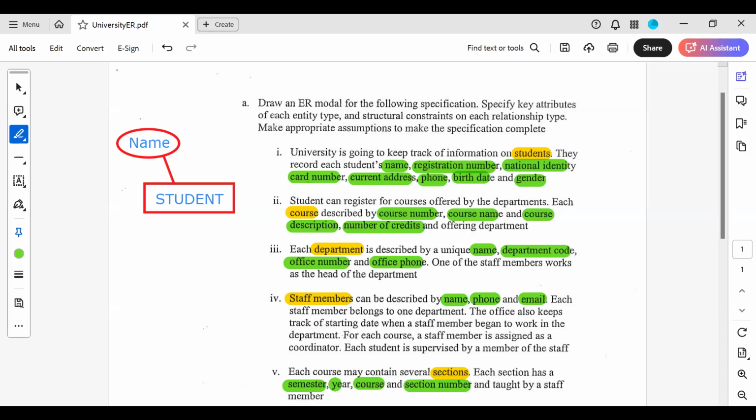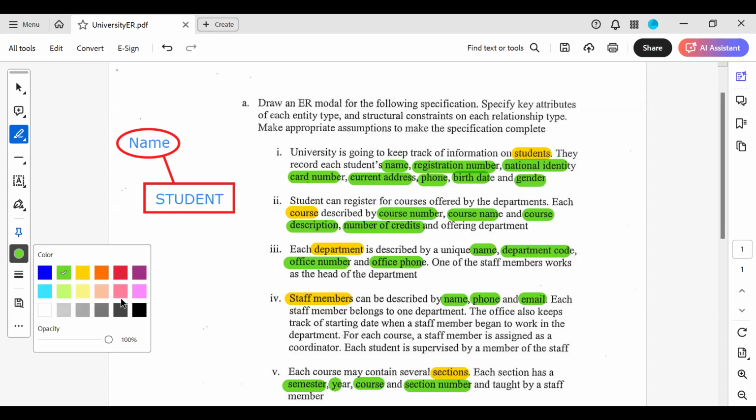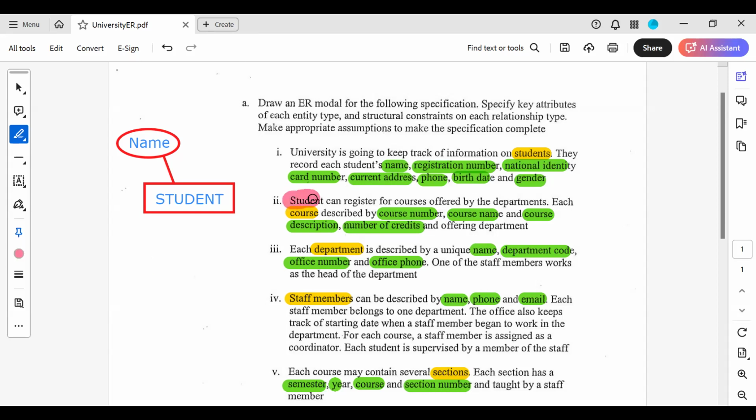Good. Let me use another color, which indicates student register for courses. I will put down a whole line so that student registers for courses, which means register could be the relation between student and courses.